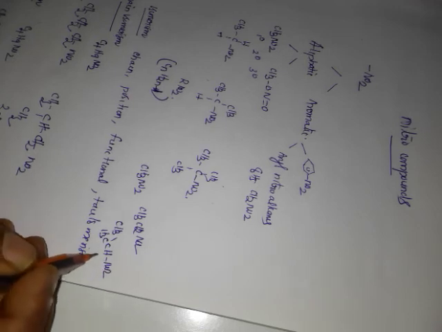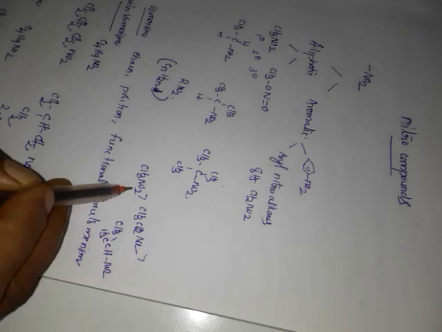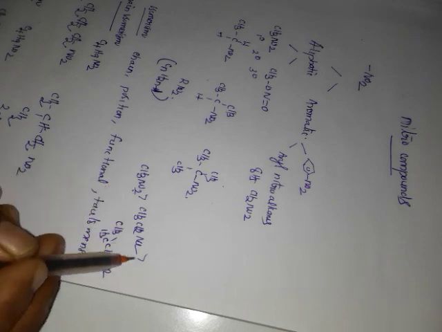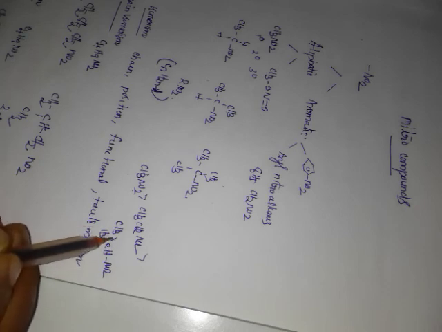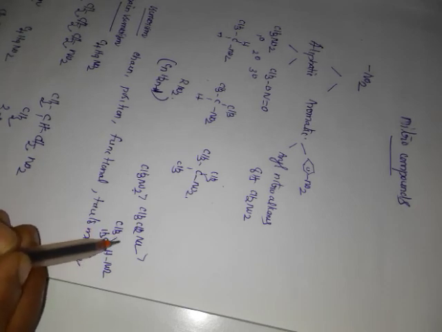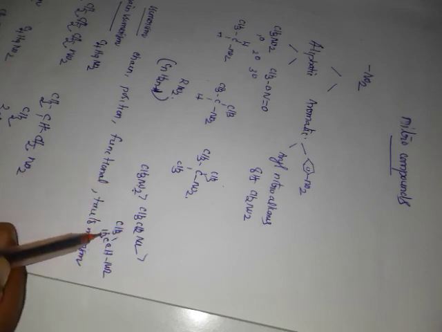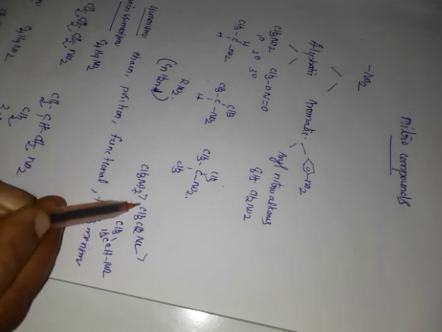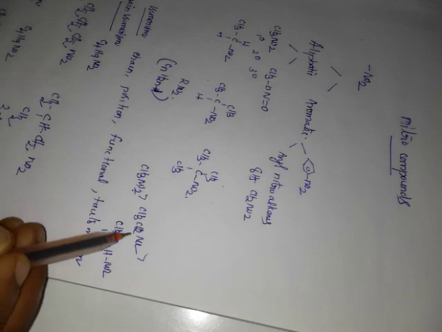This is nitropropane. This is more acidic than this one, because, as I already told, when the number of alkyl groups attached to the alpha carbon increases, acidity decreases. So this is more acidic, then less, then less. Depending upon the plus I effect of the alkyl groups, the acidity keeps decreasing when more alkyl groups are added.